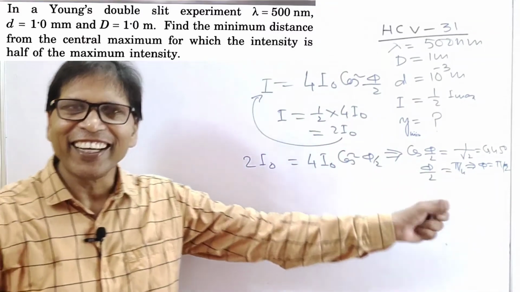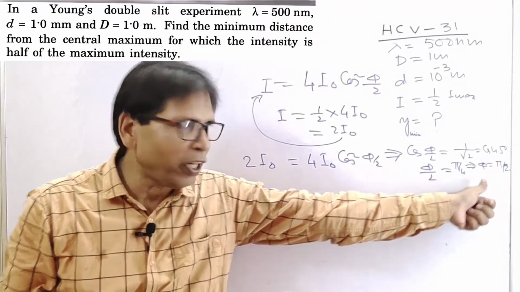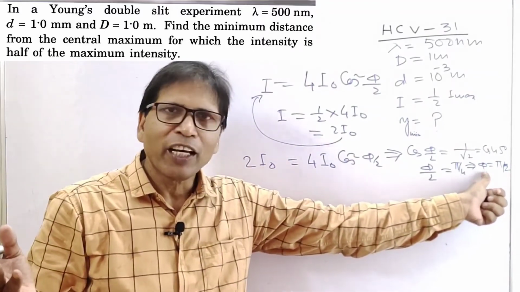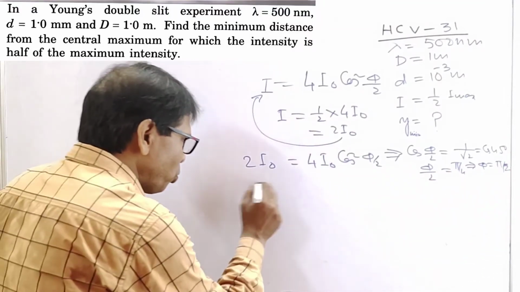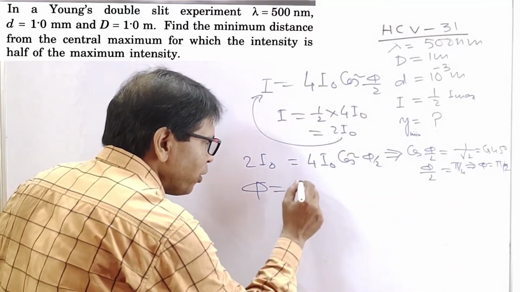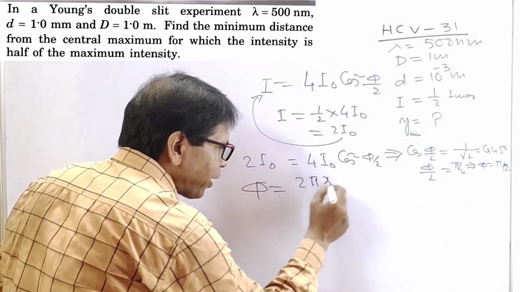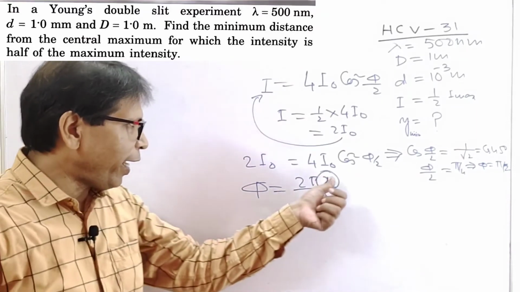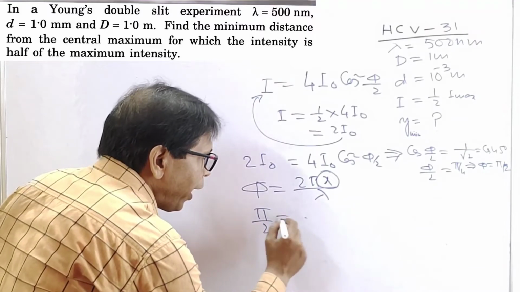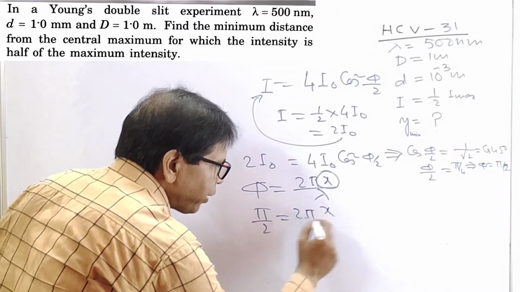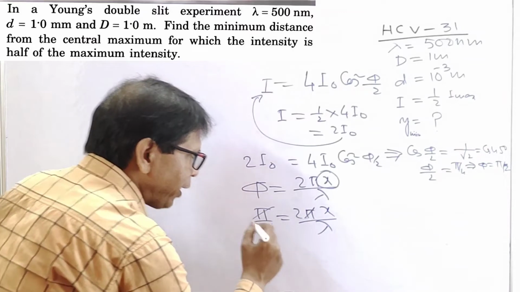Okay, understood? Now we have to calculate the path difference corresponding to phase difference pi by 2. So look at this, we know phi equals 2 pi x by lambda, where x is the path difference. So here pi by 2 equals 2 pi x by lambda, pi cancels out.